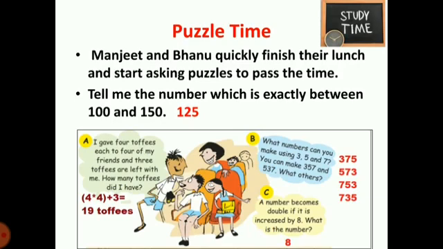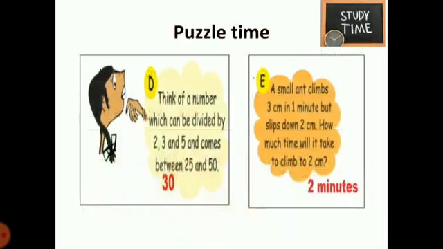So 8 is the number. 8 into 2 is 16. So it is doubling. If you add again, 8 plus 8 is also 16. So the number is 8.